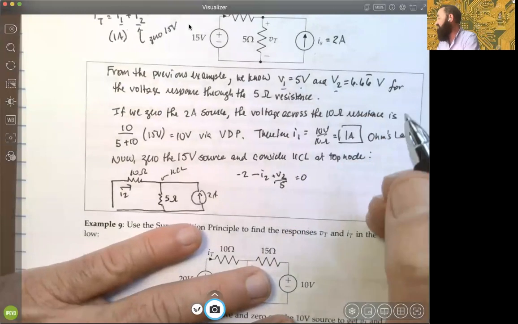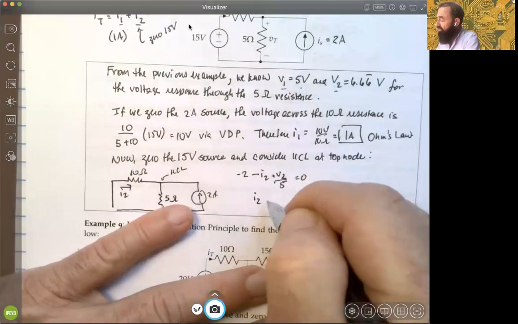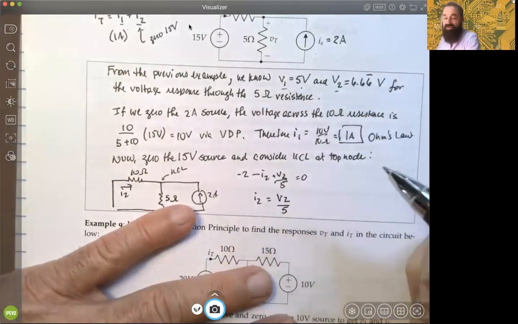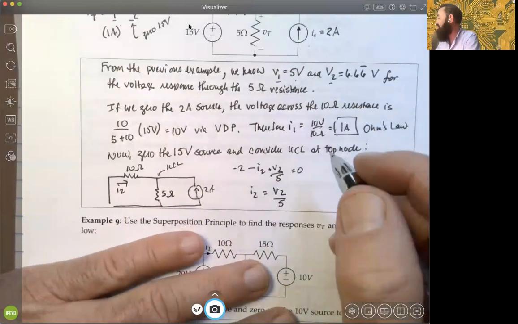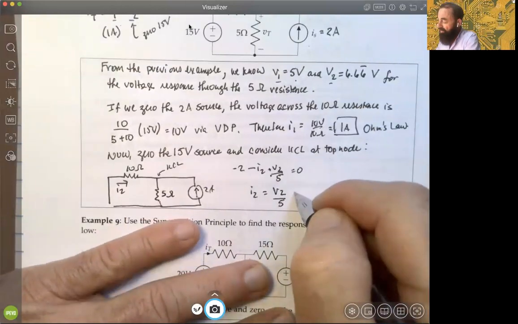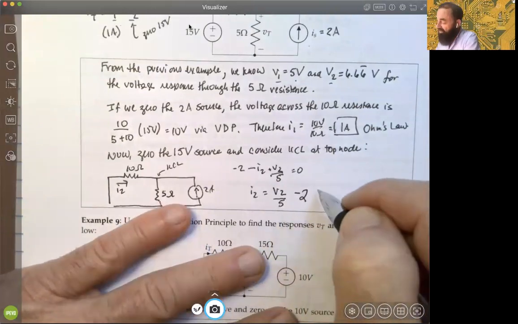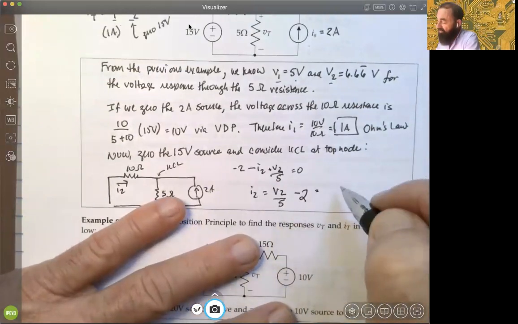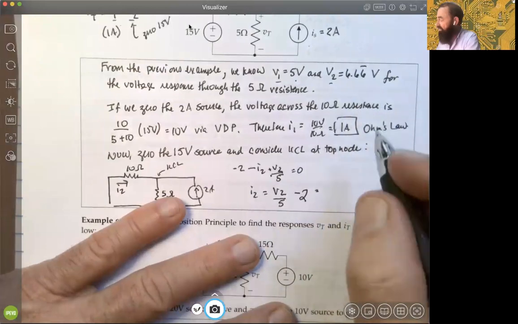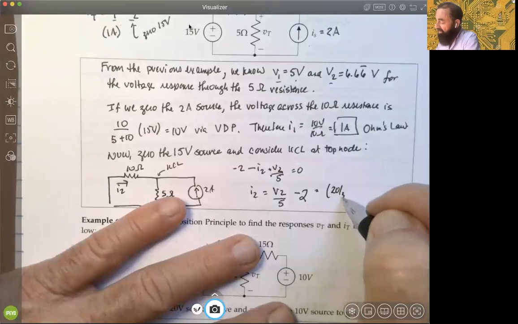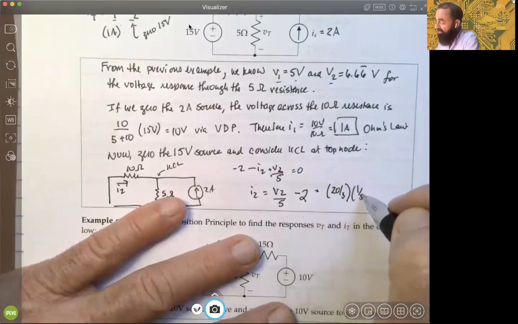What does that say? Well, that says that I2 would then have to be 1/5 of your voltage response in this situation, minus 2, okay? Plug in the values that we have here. Rather than 6.66, maybe we'll use the fraction. So that would be 20 divided by 3 times 1/5, and that would be minus 2.